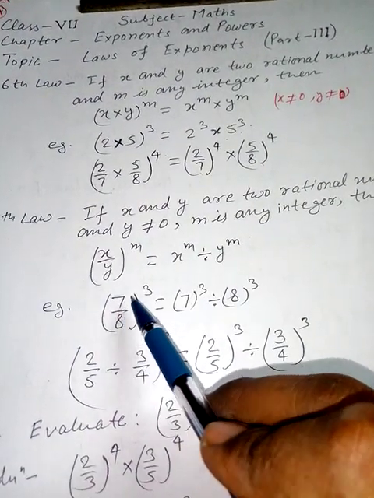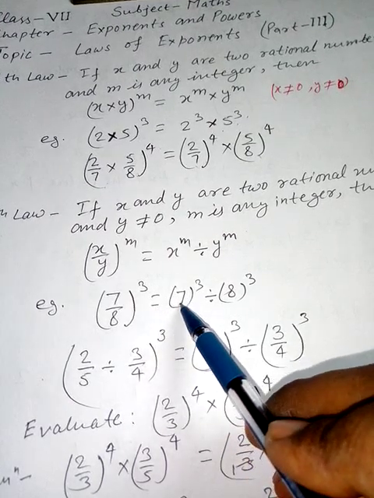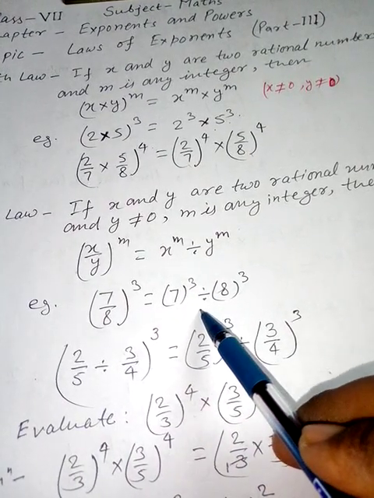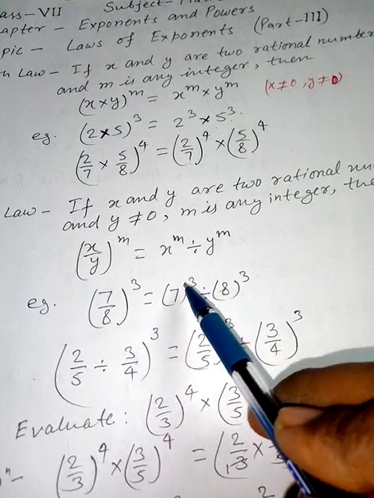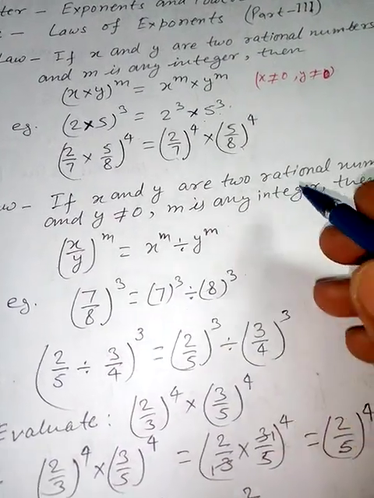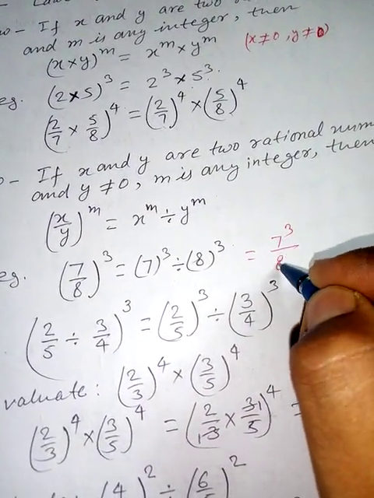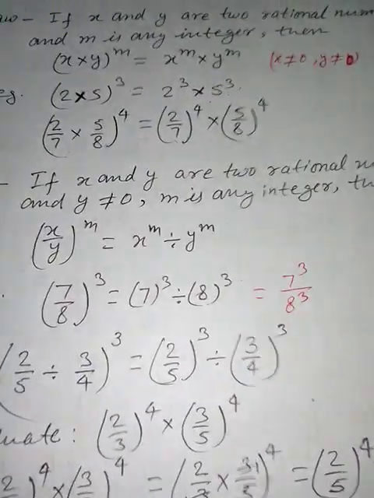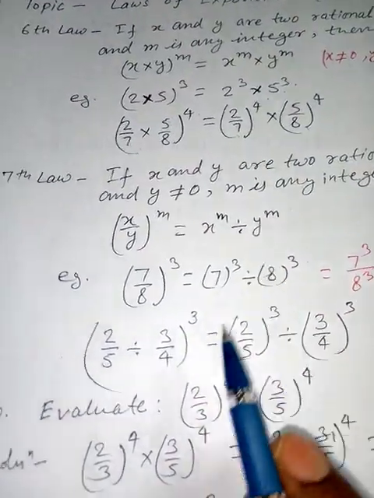For example, (7 by 8) to the power 3 equals 7 to the power 3 divided by 8 to the power 3. You can also write 7 to the power 3 by 8 to the power 3 separately. This is the case of multiplication and this is the case of division.